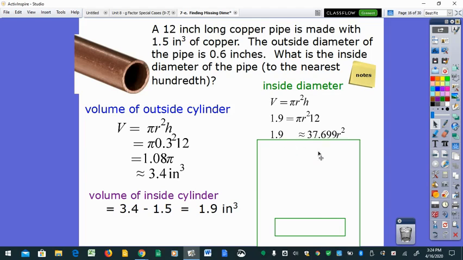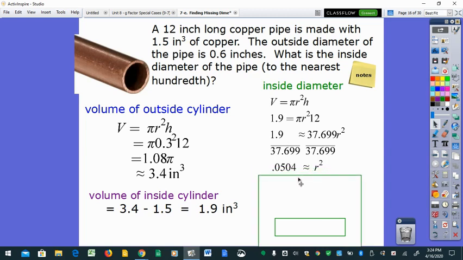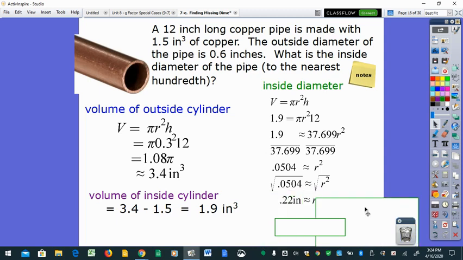I'm going to divide both sides by that 37.699. 1.9 divided by 37.699 gives me about 0.0504, and that's the radius squared. I'm going to take the square root of the 0.0504 in the calculator, and the radius of the air inside would be about 0.22 inches.